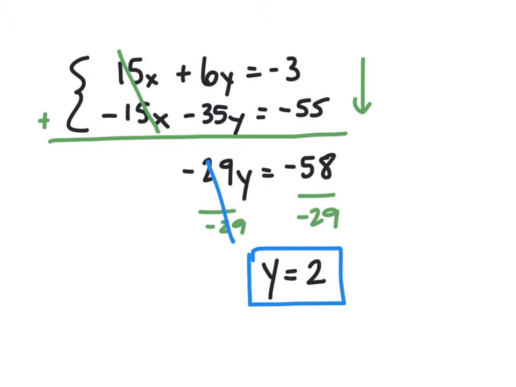We can either choose one of the original equations or we can choose one of the new ones that we made. Now, I'm going to go back to one of the original equations that we had, which was on the bottom of the system. And I'm going to plug the 2 into that bottom equation because everything was positive there.